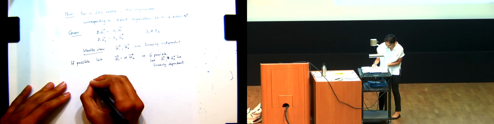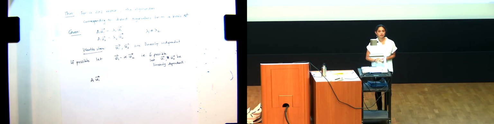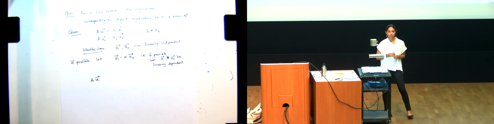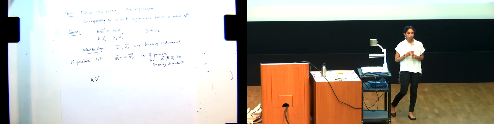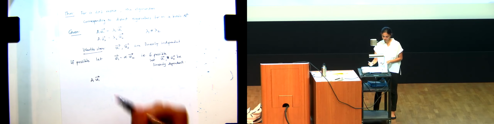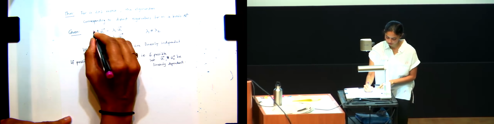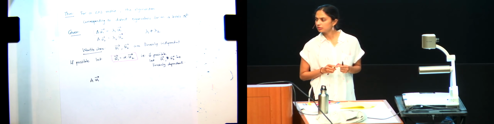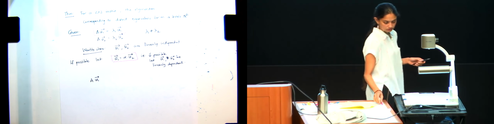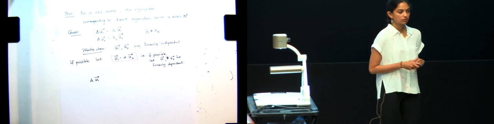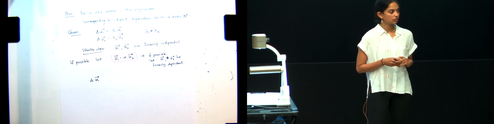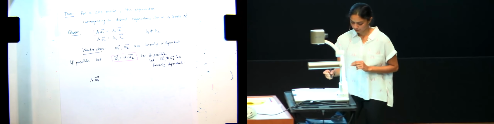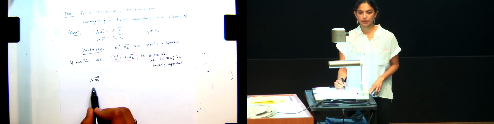I'll give you a hint. What happens if you consider A times V1? Can you write A times V1 as two different things, using the two things you know about A times V1? So what is one thing we know about A times V1?